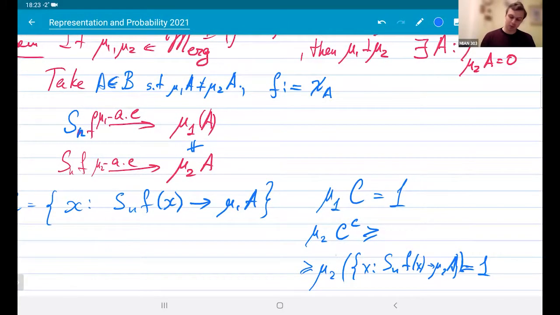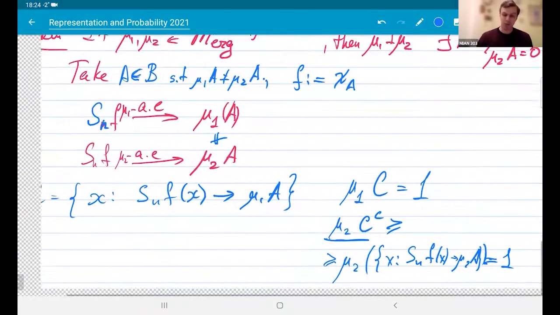And therefore, this is also 1. Yes, because our measure is probabilistic. And so here is this set that shows that the supports of the measures mu1 and mu2 can be chosen mutually disjoint.